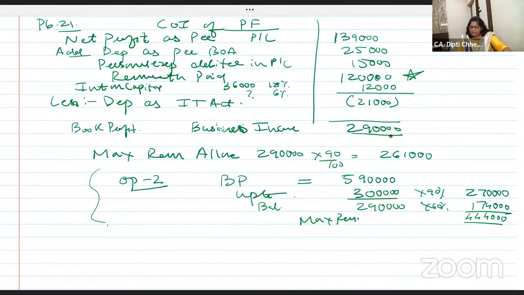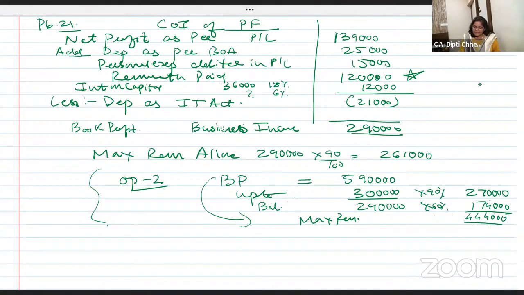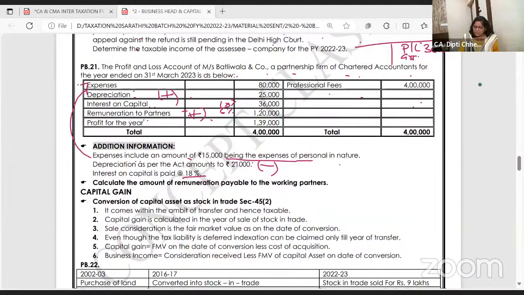Balance 290 पे कितना allowed है? 60%. So you can pay maximum remuneration out of book profit 4,44,000. Suppose you are paying 4,44,000, तब फिर आपका प्रॉफिट कितना आएगा? How much profit will come then? जिसके ऊपर 30% टैक्स लगेगा.